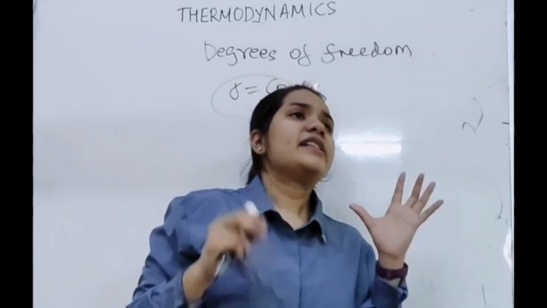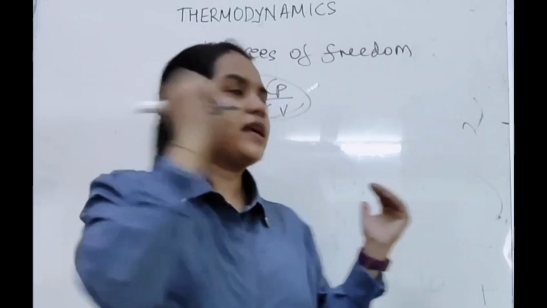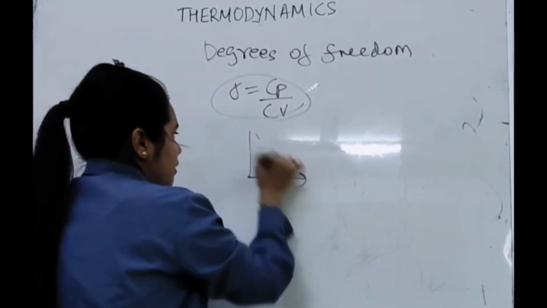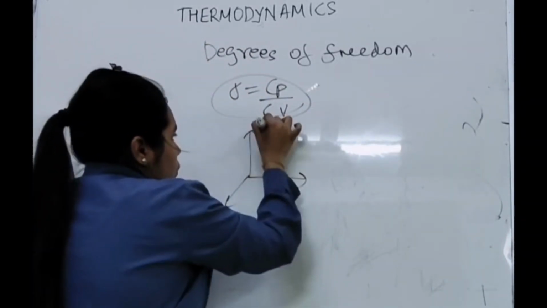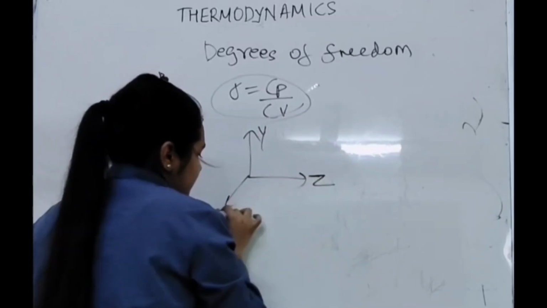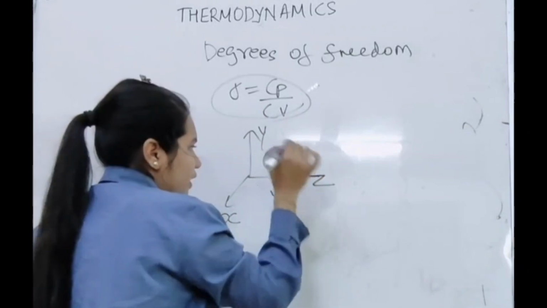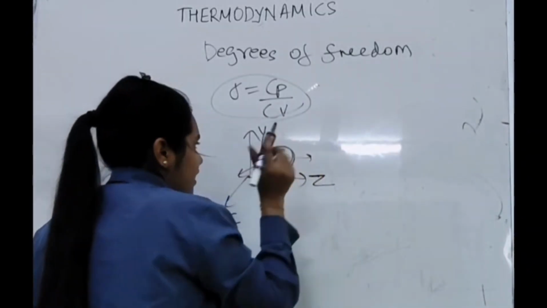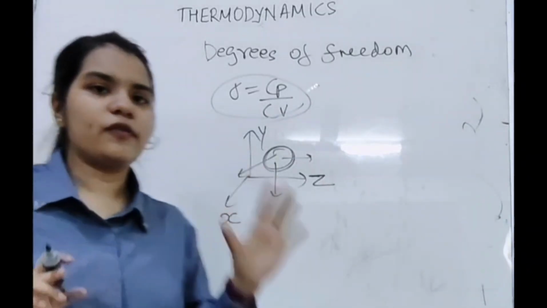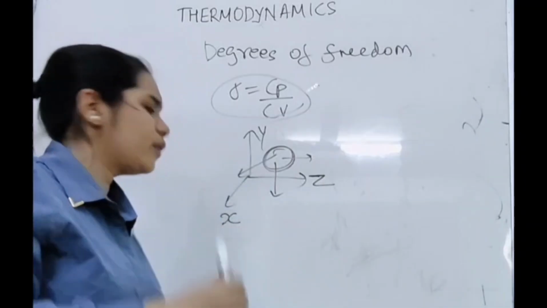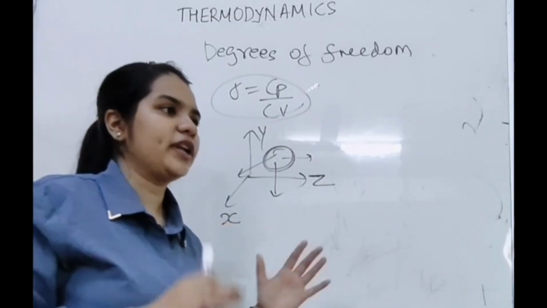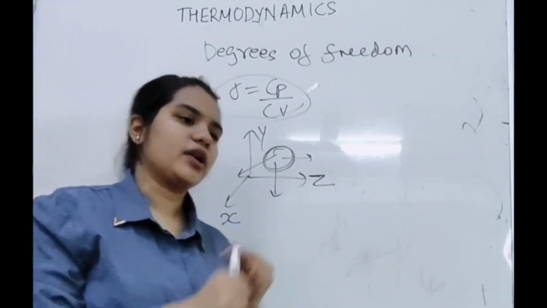It's with respect to the coordinate axes x, y, z. If you keep a molecule over here, it can orient in this direction, this direction, this direction. That is what degrees of freedom is about. It is different for different gases: monatomic, diatomic and triatomic.